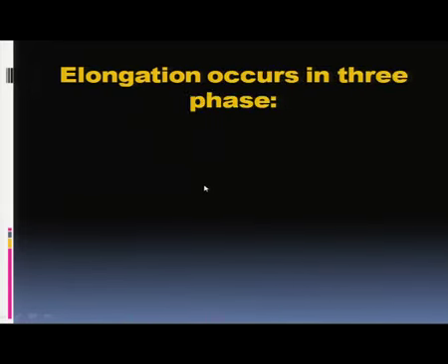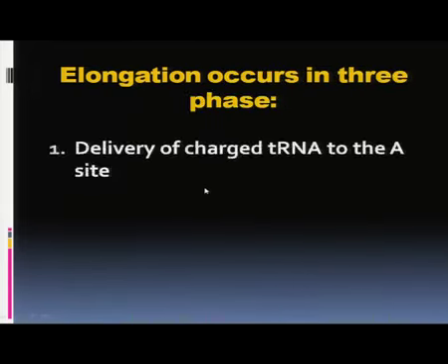Elongation occurs in 3 different phases. The first is delivery of charged transfer RNA to the A site. As we know, the A site is for the binding of charged transfer RNA during protein synthesis. So, the A site is always free for the binding of charged transfer RNA.